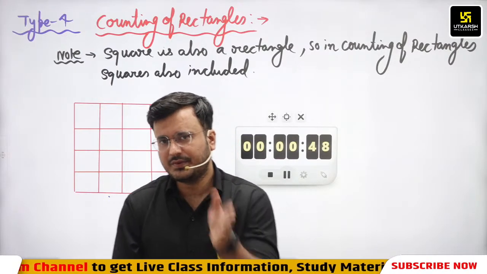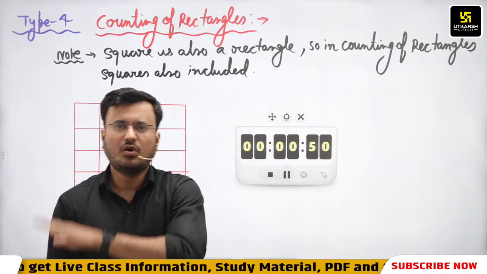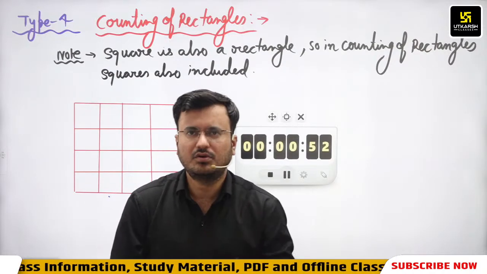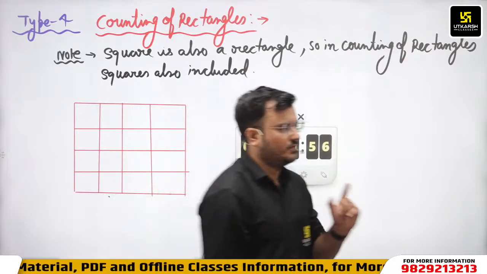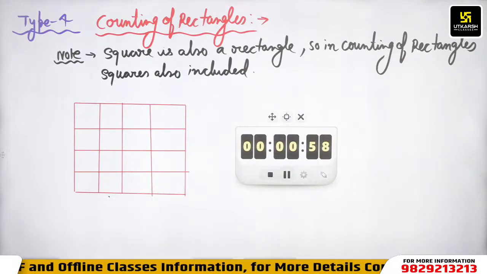So all squares are rectangles, but all rectangles are squares, that is not always true. All squares are rectangles, that is always true.